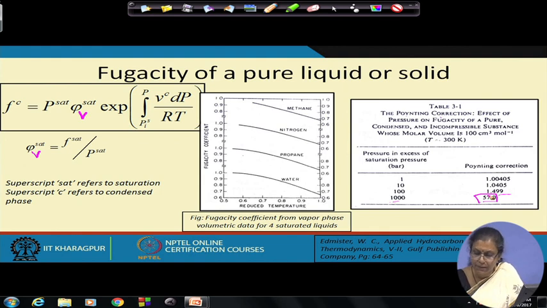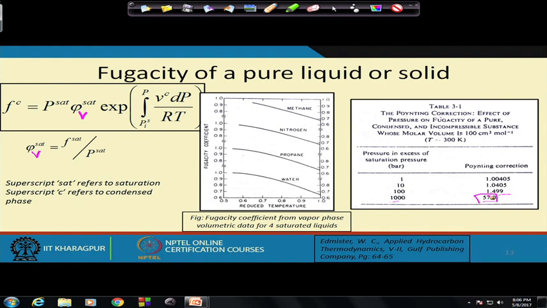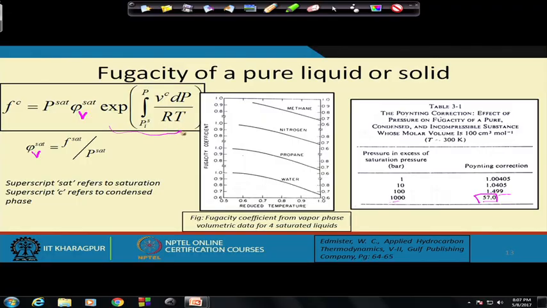So, this implies that the Poynting correction factor becomes important when we are dealing with condensed phases at very high pressure. Under that condition, this term is important, otherwise it is not very important.